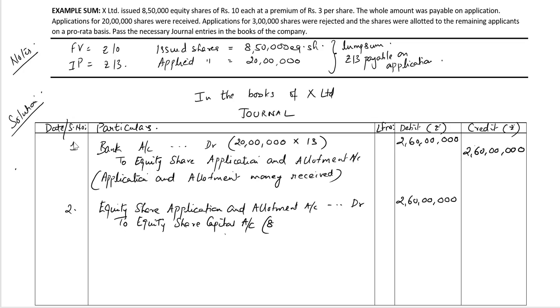Against this, we will write the number of shares allotted. 8,50,000 shares multiplied by the face value of each share, 10 rupees, comes up to 85 lakh rupees.